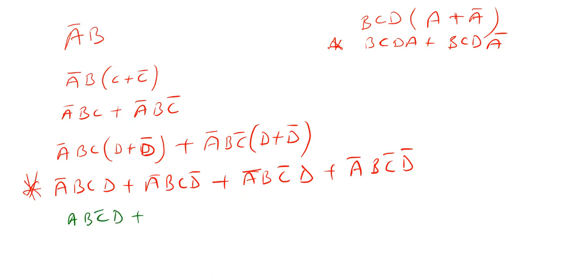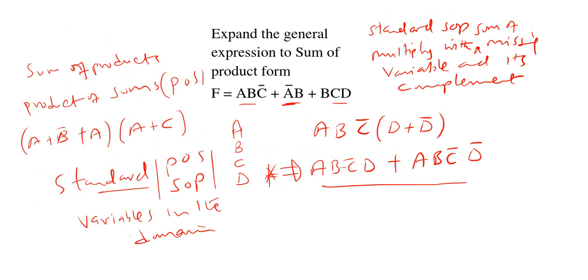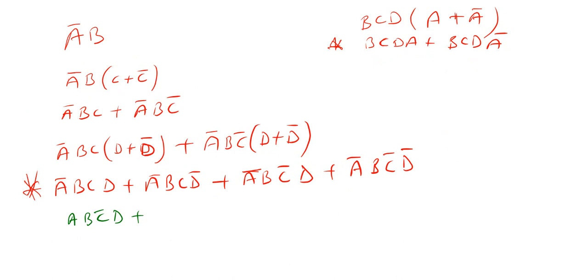We add the next one, which is A, B, not C, and D, and not D. Then this one we add this.